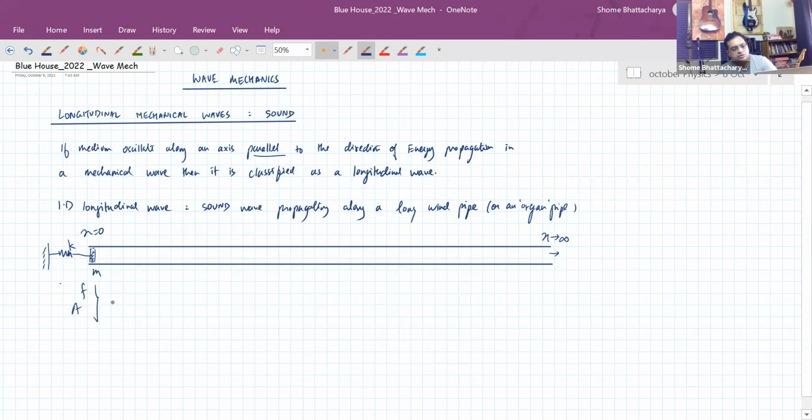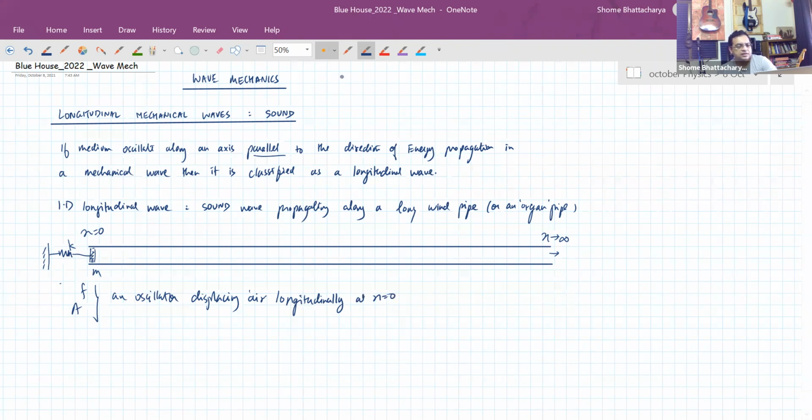So this is an oscillator displacing air longitudinally at x equal to 0 with a frequency f and an amplitude a.